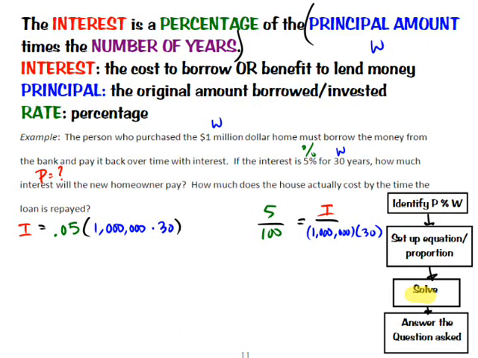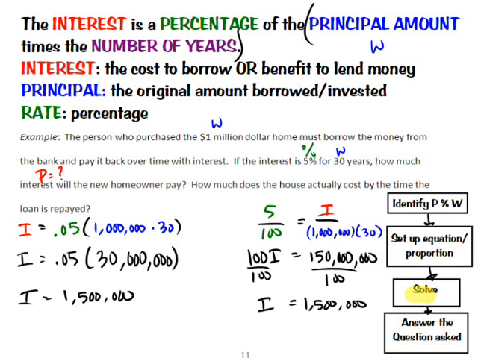Now let's go ahead and solve each of these. And the interest amount, I used the letter I as the variable in this case. The interest is $1,500,000. That is just the amount of interest the borrower will have to pay to the bank.